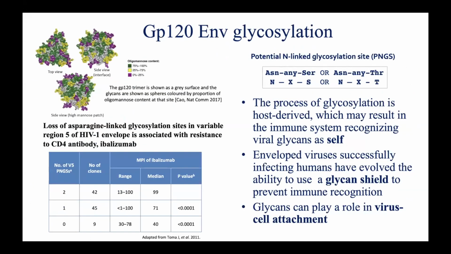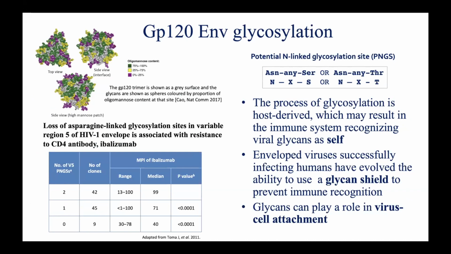So, just to say that glycosylation is a very important process by which the virus tries to evade the immune system, because in this way there is less neutralization and so less immune recognition. But the glycans can also play a role in virus-cell attachment.